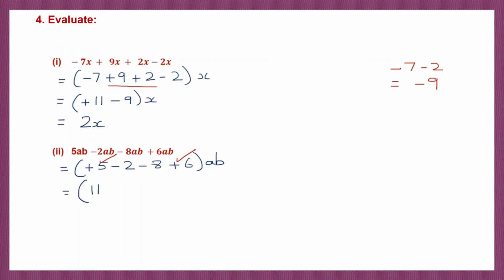Now let's work out these two: minus 2 minus 8. Signs are the same. Put the same sign and add. 2 plus 8 is 10, so we've got minus 10AB. So here 11 minus 10 is 1. So the answer is 1AB, or simply AB.